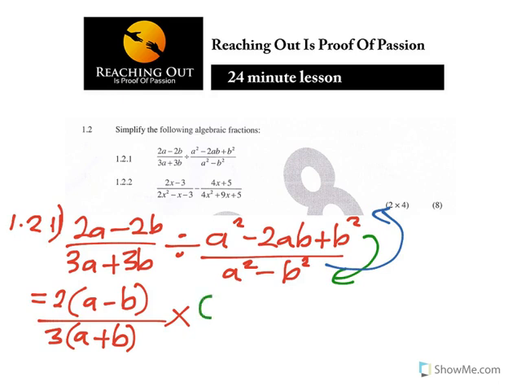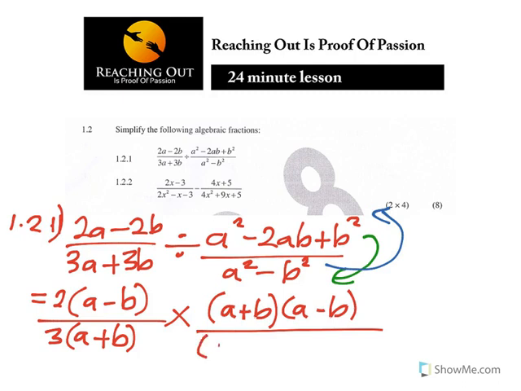When it goes on top, it will be bracket (a plus b) and (a minus b), all over, and when you factorize the top, a squared minus 2ab plus b squared, you will see that it is (a minus b) squared, (a minus b)(a minus b). I'm using the product sum. Again, you can refer to the previous lessons should you have them for the factorizing of this.